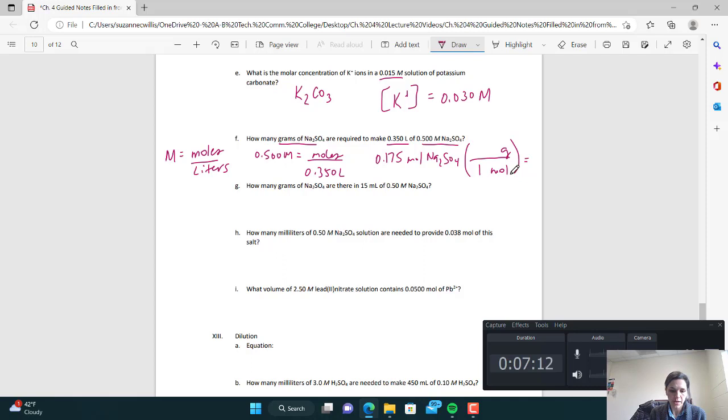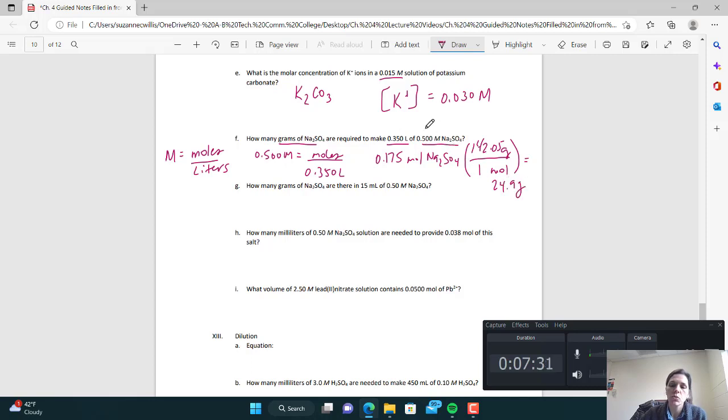Okay, so we're just adding up the molar mass, 142.05, and then multiplying it all out, and we get 24.9 grams.